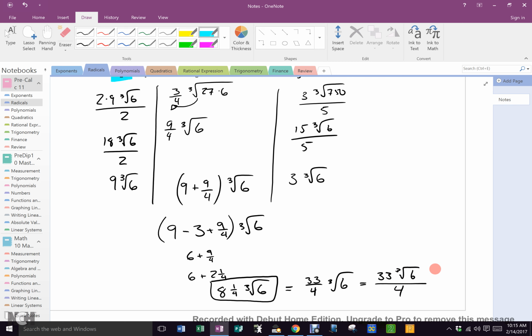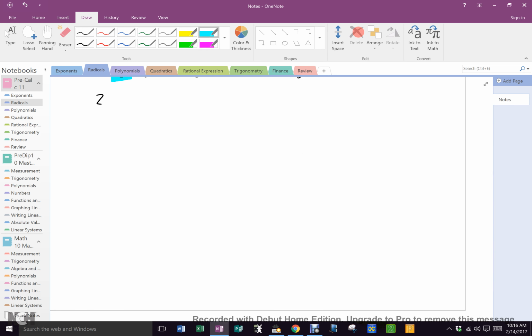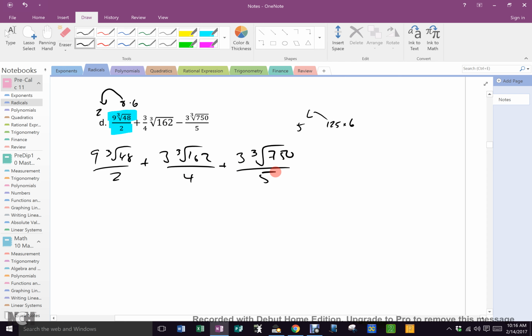The work we did was pretty, everyone's cool with it, right? It's just simplify and do fractions, yeah? Everyone agree? Could I not, and you don't have to write this down, could I not have done this? And please don't write this down because it really confuses the issue. Could I not have done this? 9 cube root 48 over 2 plus 3 cube root 162 over 4 plus 3 cube root 750 over 5.